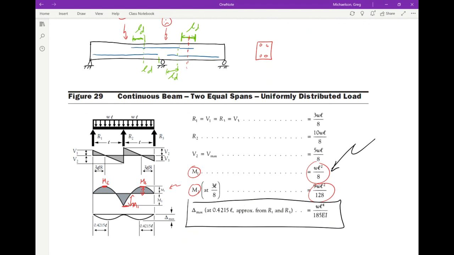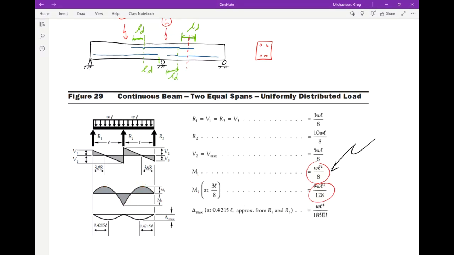And it says that that occurs about 4/10 of the span away from the support. So if I look at my moment here, let me erase a lot of this. It's getting kind of cluttered. I'm looking at this right here, and if I come in this far, if I look at my beam, that's about right there.